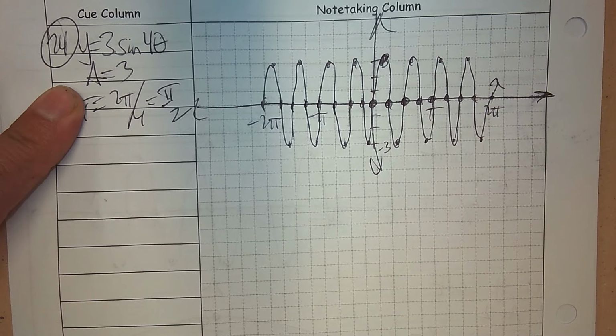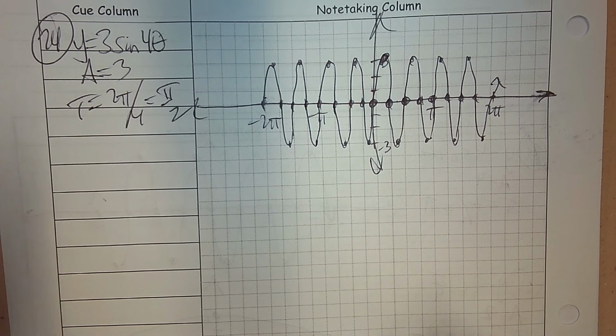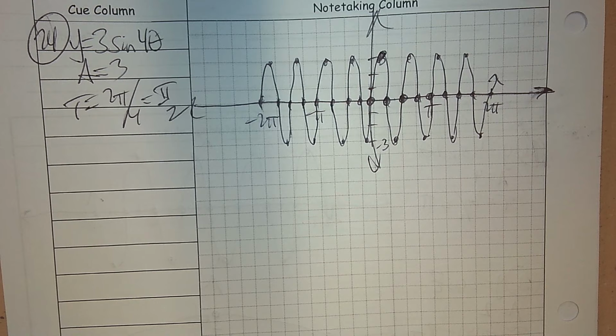So you can see how small that cycle is now quickly, like a heartbeat of a bunny rabbit going up and down, up and down.